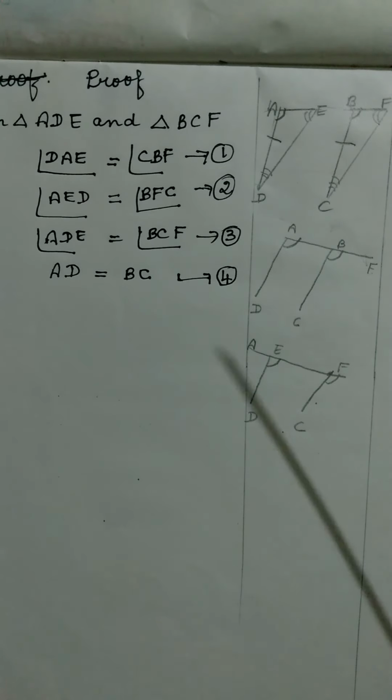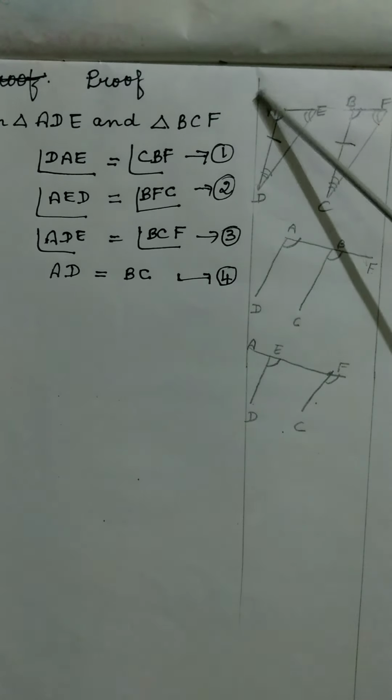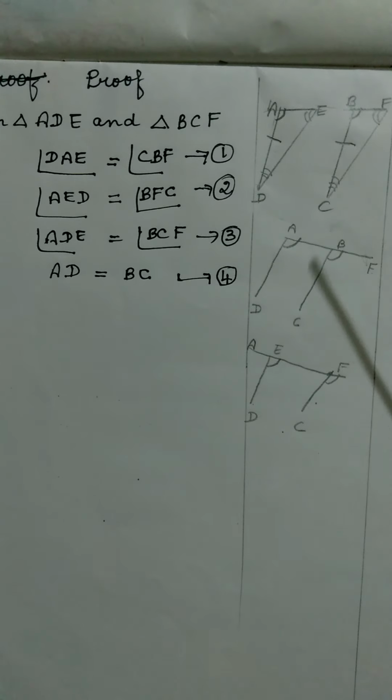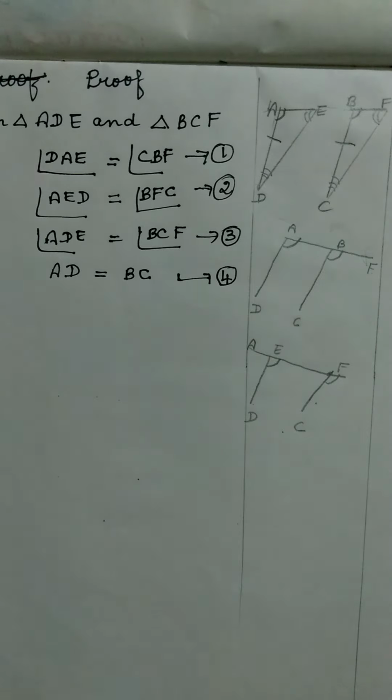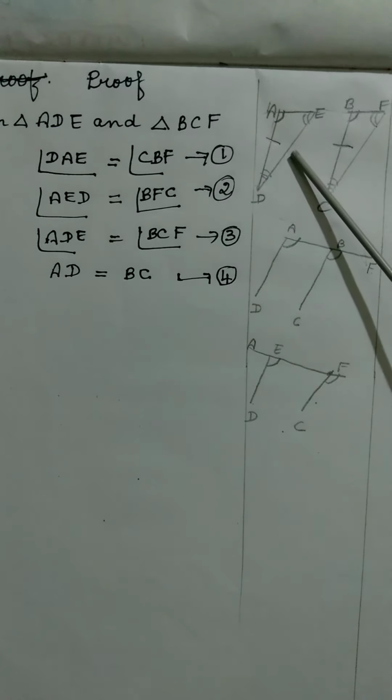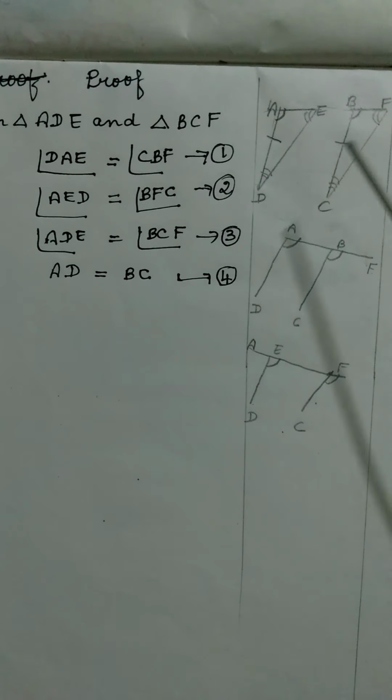Now, look into these two triangles, triangle ADE and triangle BCF. You can observe that the two triangles are congruent if two angles and the included side of one triangle are equal to two angles and the included side of the other triangle.